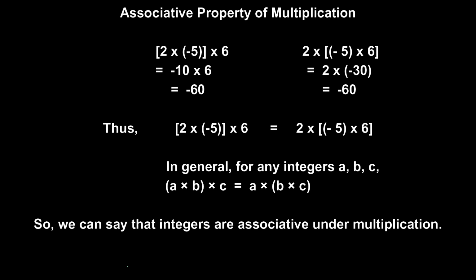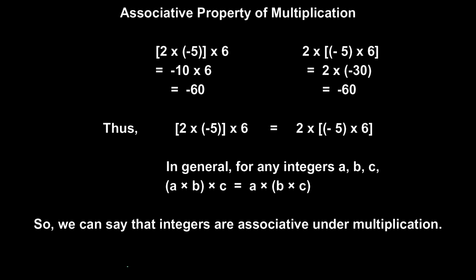So 2 is to be multiplied by minus 5. Whenever we are multiplying two integers with different signs, the answer is always negative. So minus 10 multiplied by 6, and again minus multiplied by plus is always minus. So minus 60 is the answer in the first example on the left side.